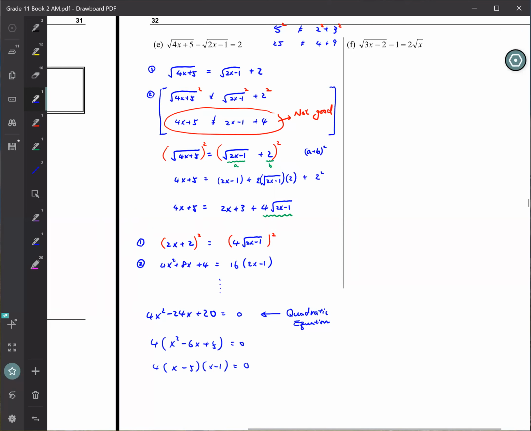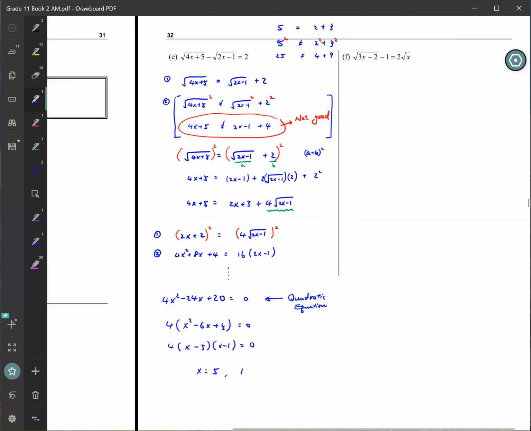From here we can see x equals 5 and 1. And then how about checking? Aaron, which one do we keep? I got both of them. Okay. Colin, what do you think? Do we keep both of them? Same thing. Brennan?